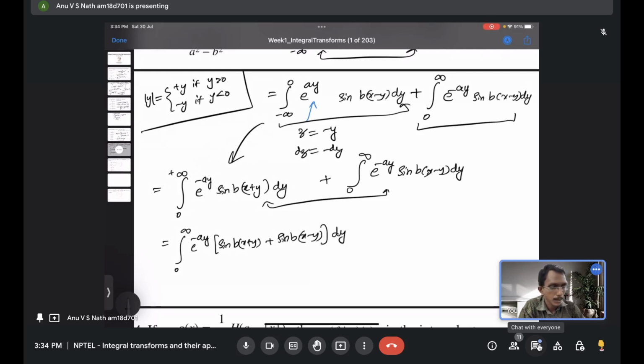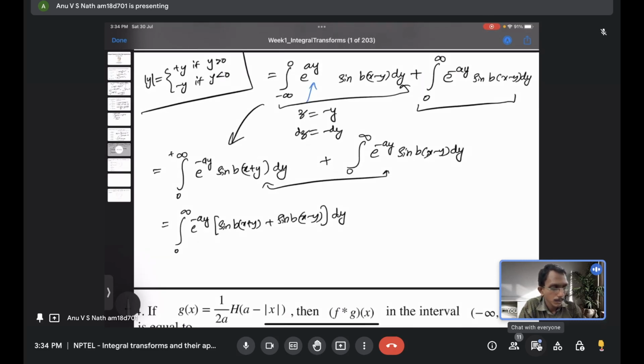Okay, so now here we have the sum of two sines, right? So we have to use the formula: sine A plus sine B is equal to 2 sine of (A plus B) by 2 times cos of (A minus B) by 2.